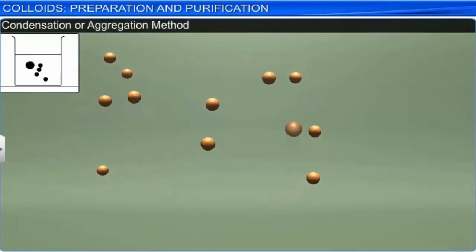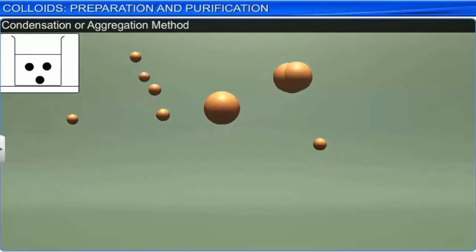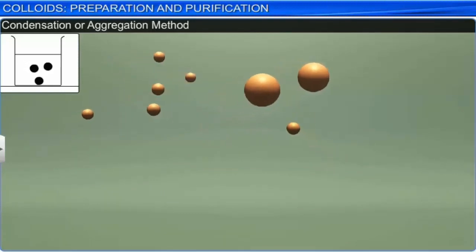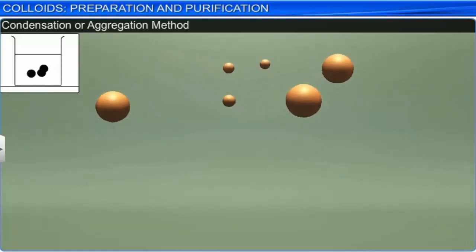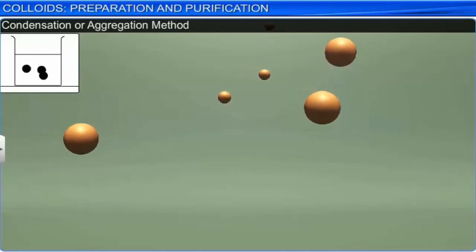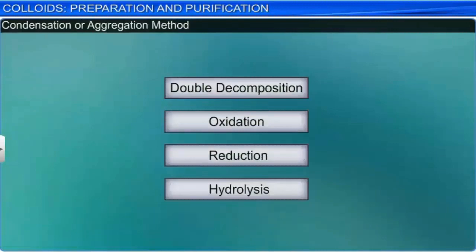That is, the constituent particles in true solutions, such as ions or molecules, are allowed to grow in size to particles of colloidal dimensions. The colloidal solutions are obtained by certain chemical reactions, namely double decomposition, oxidation, reduction, and hydrolysis.